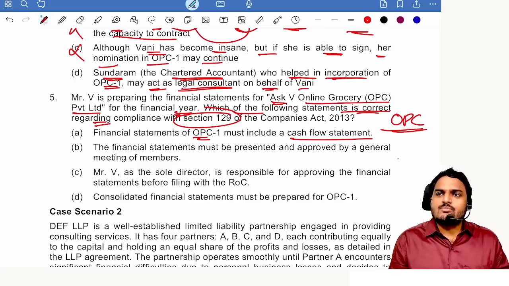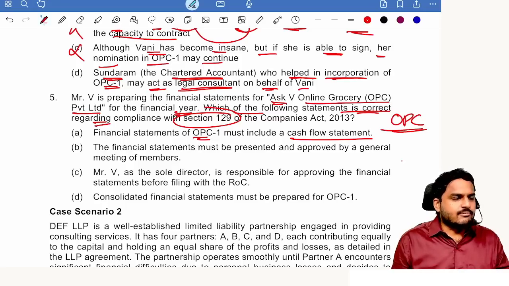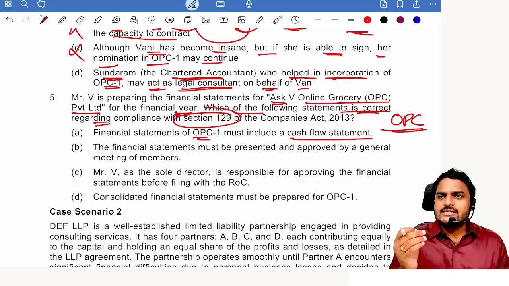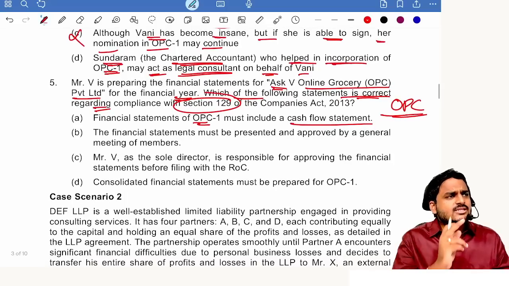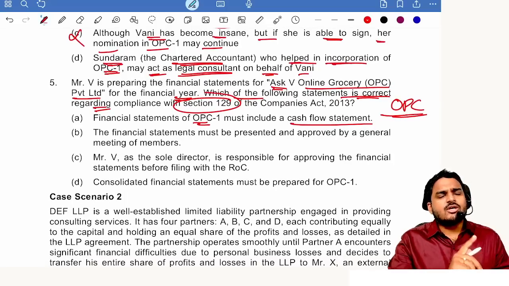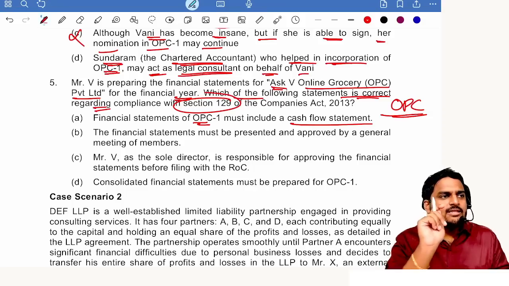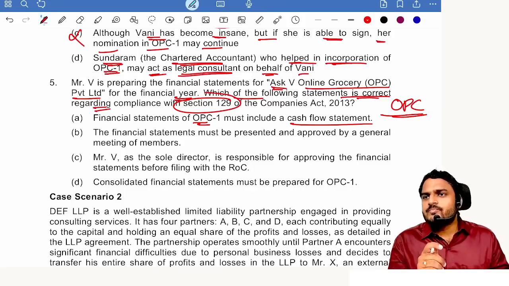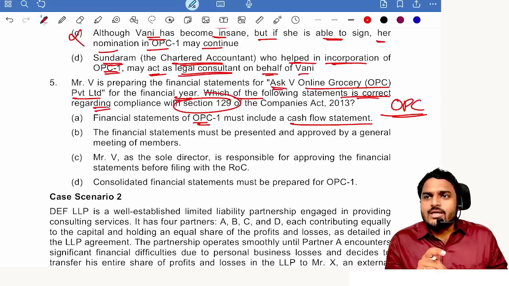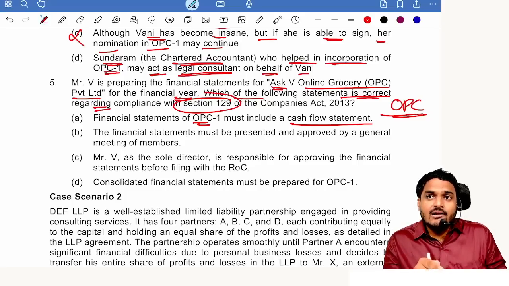Startup companies, small companies, dormant companies, all these are exempted from preparing CFS. There is a point that private limited, less than 100 crores paid up share capital. Where is this point there?